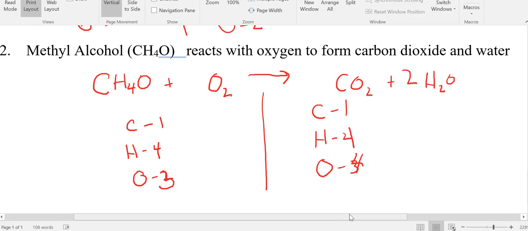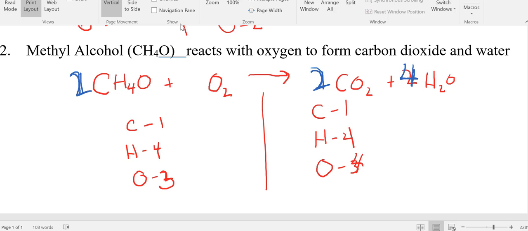So what I need to do is exercise a little trick where I will double all of the coefficients that I've already got up there. So see, 1, 1, 2 becomes 2, 2, 4.